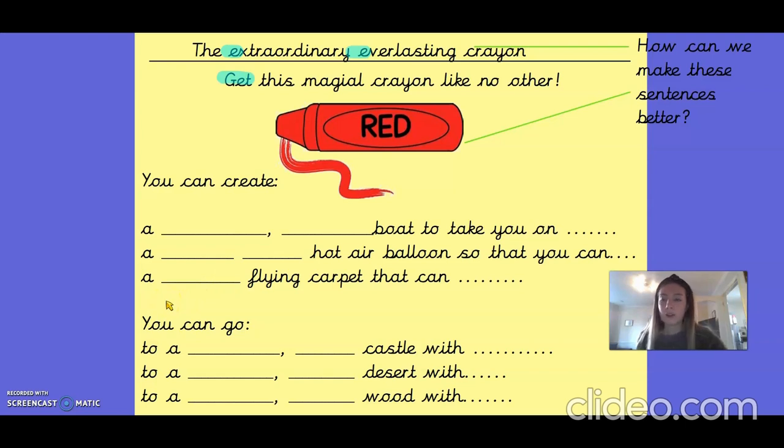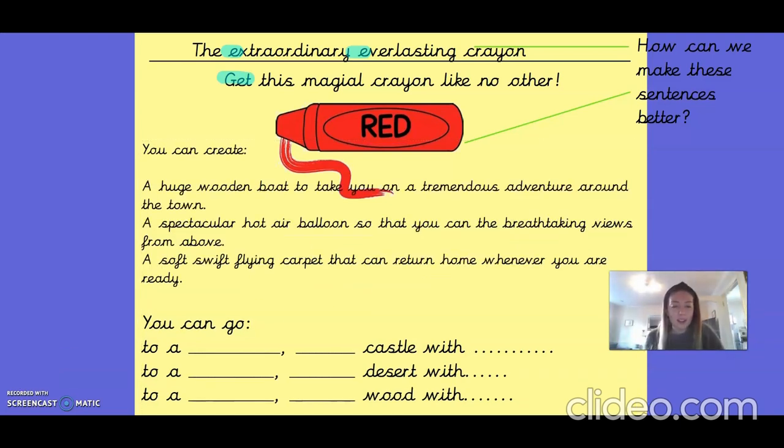So what I'd like you to do now is pause the video and think of some adjectives to describe the boat to take you on. Where can the boat take you? Think of some adjectives to describe the hot air balloon so that you can do what? And then some adjectives to describe the flying carpet and what can you do? And then we'll come back together and share my ideas.